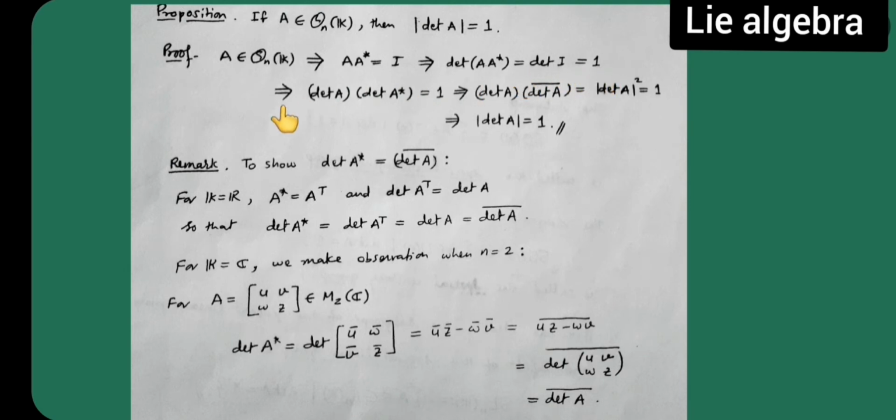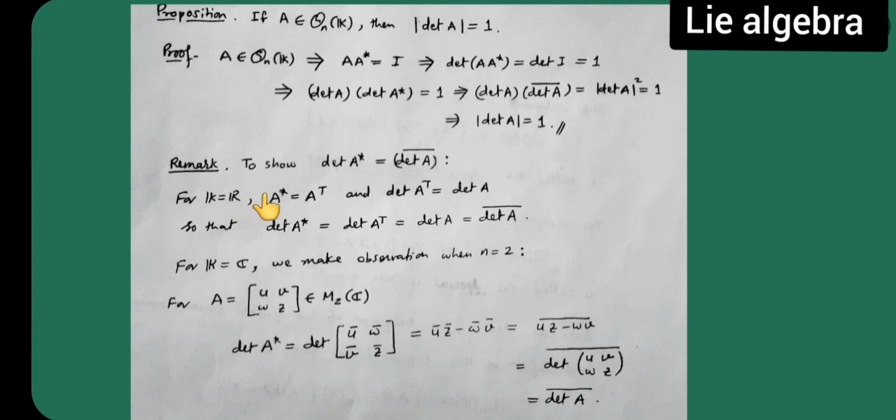Now this implies determinant of A and determinant of A star, which is equal to 1. This implies determinant of A bar times determinant of A is the modulus of determinant of A, the whole squared, equal to 1, which implies modulus of determinant of A is equal to 1.